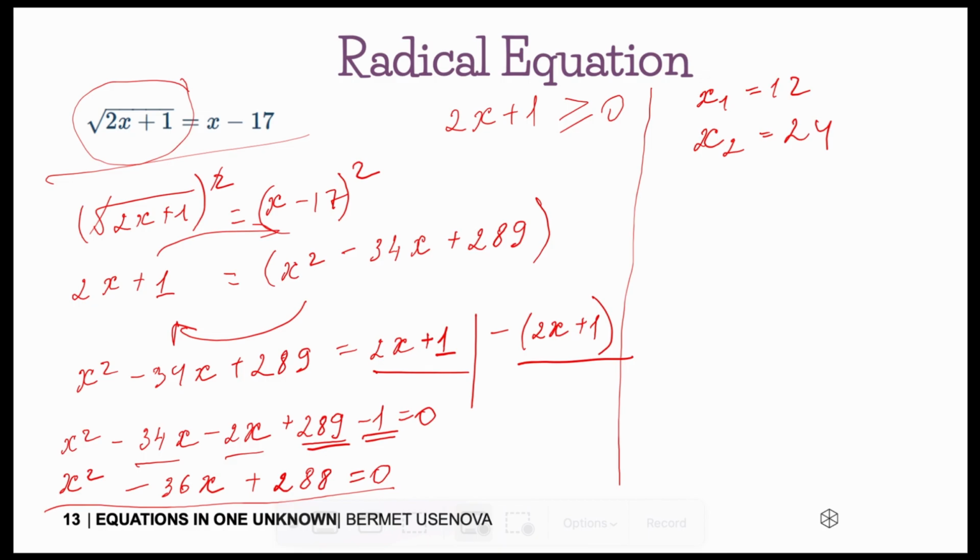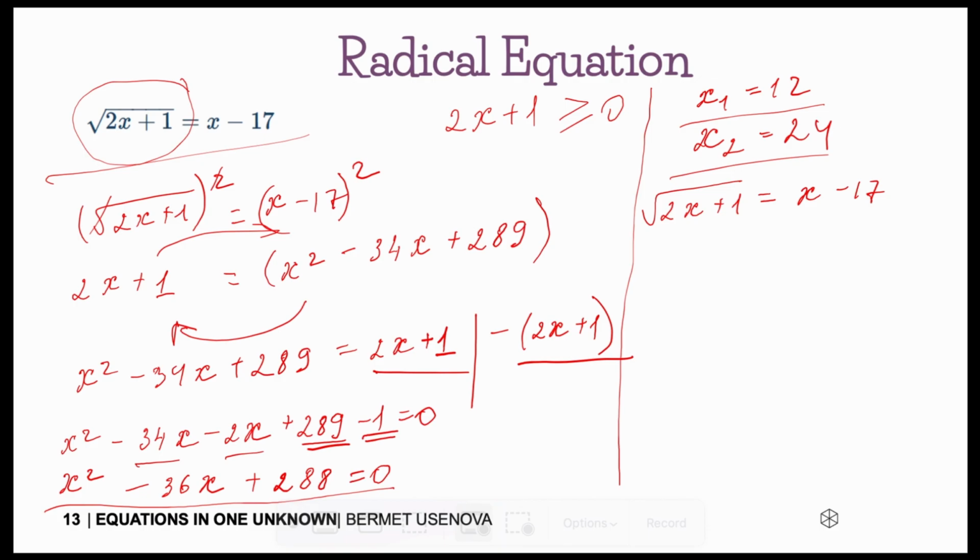So we will not always get an equivalent equation in the end. That's why we need to check it. So we check if these two answers satisfy the original equation, which was the square root of 2x plus 1 equals x minus 17.